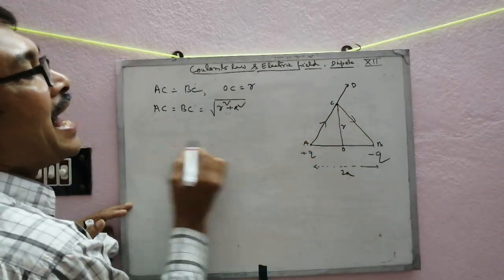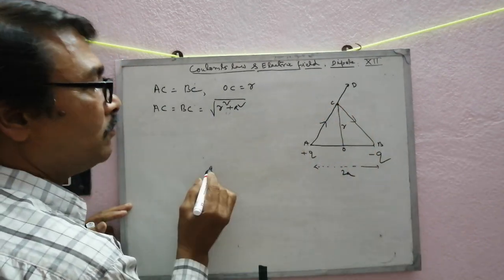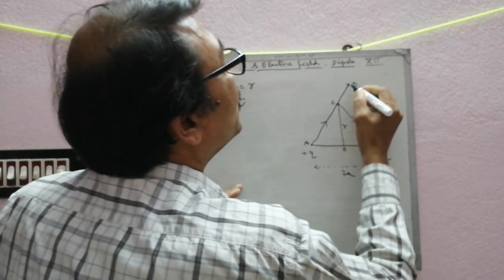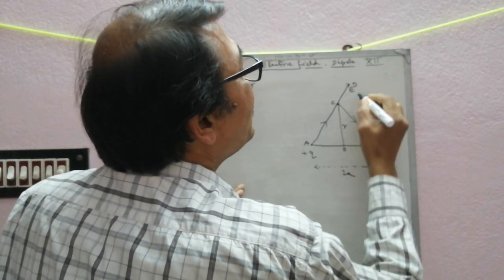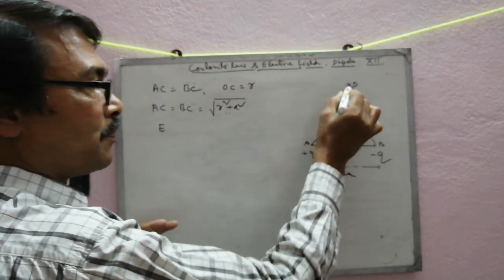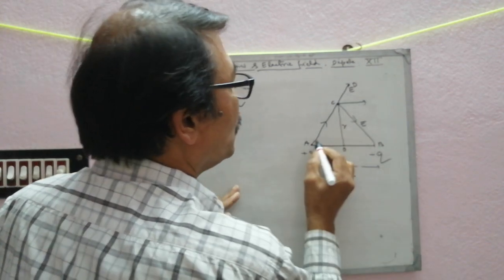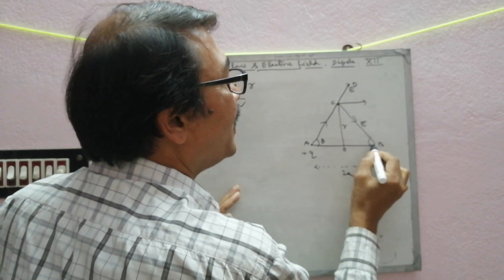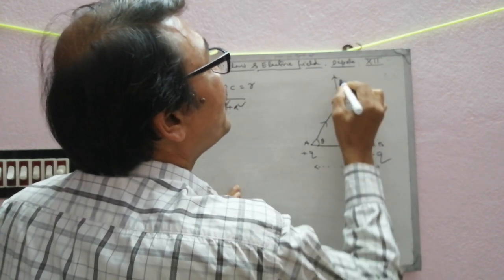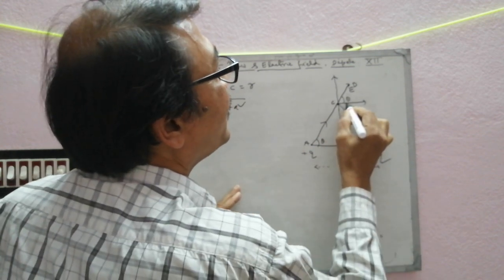Electric field for plus Q and minus Q, both are the same magnitude. Suppose this field is E. If we resolve this electric field at C into two components, consider this angle theta.